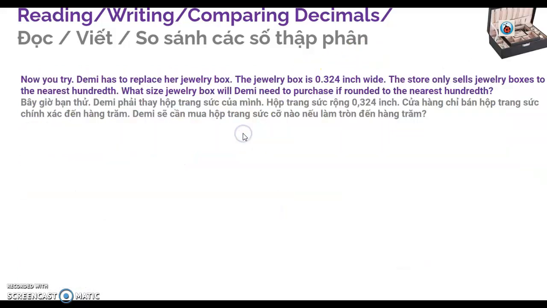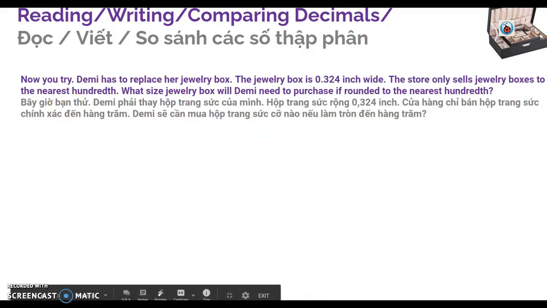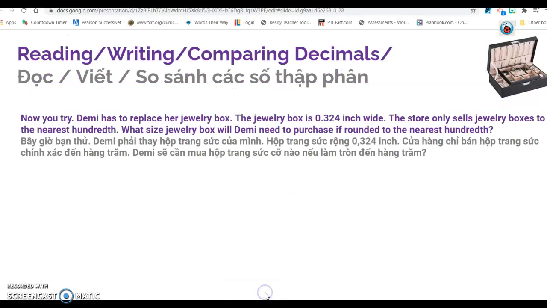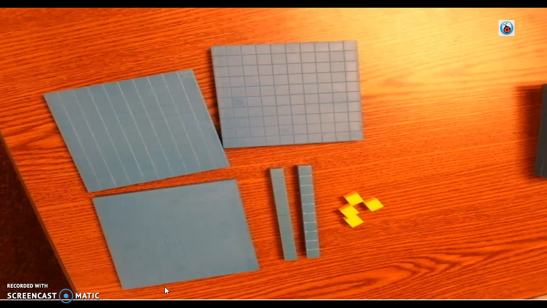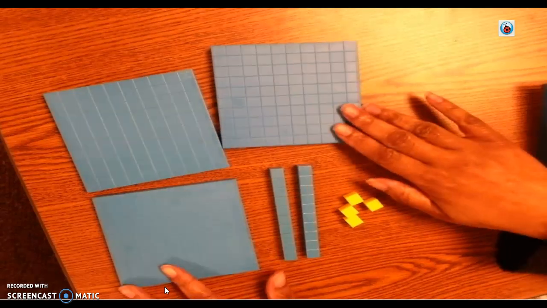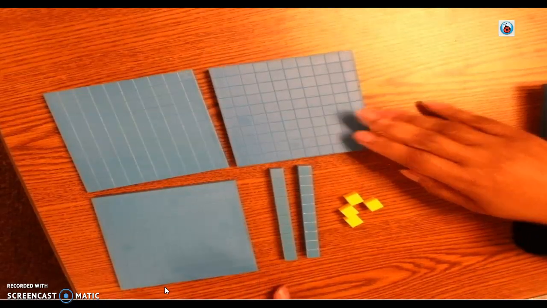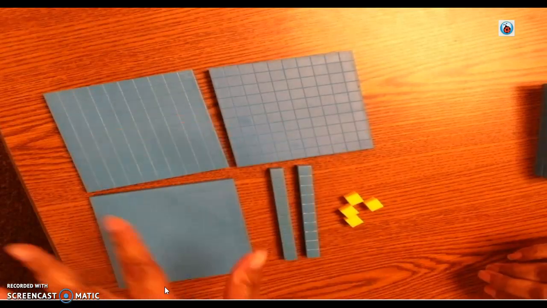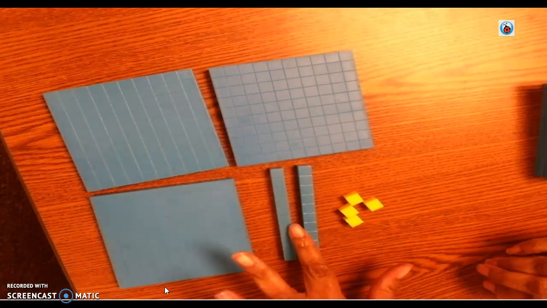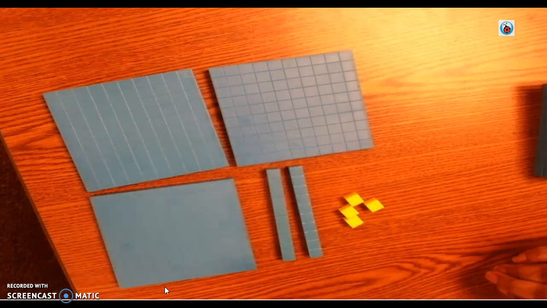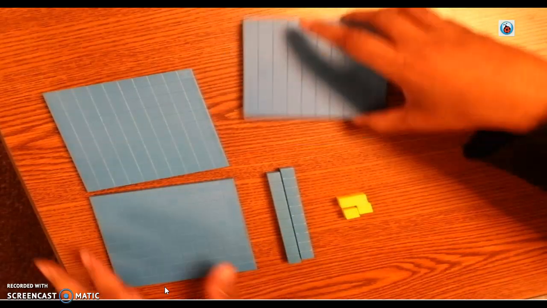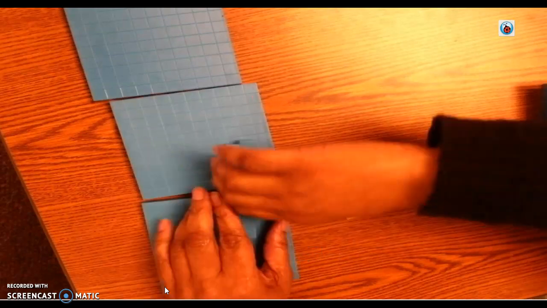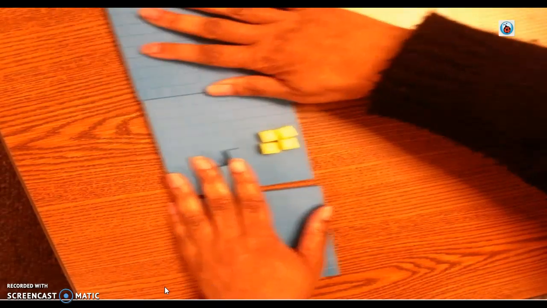Okay. So here's what we're going to do. We're going to exit out of this screen, and I'm going to bring us over to the ladybug. Okay. So here is the size of Demi's jewelry box. It's 324 thousandths. And we need to know what number it is between.